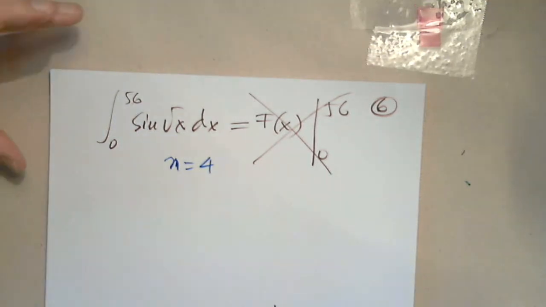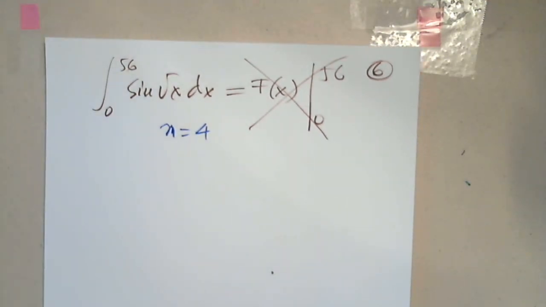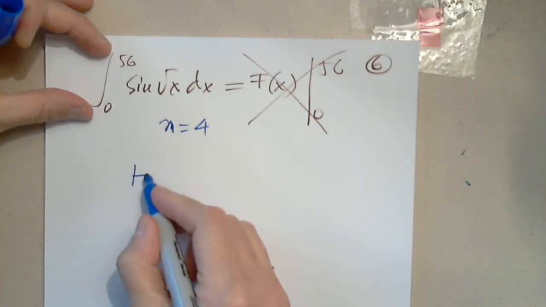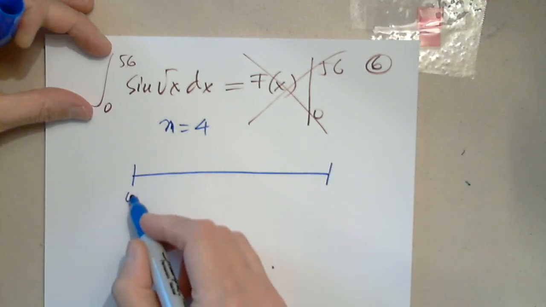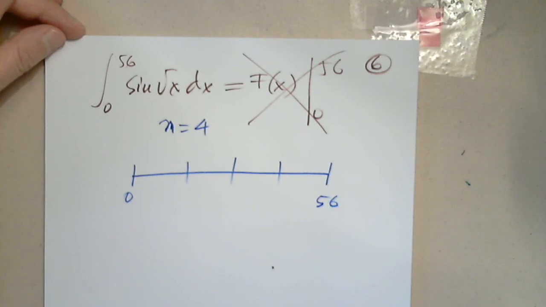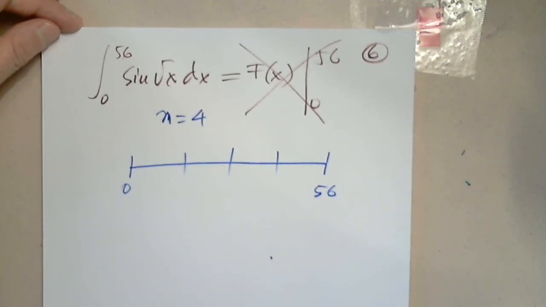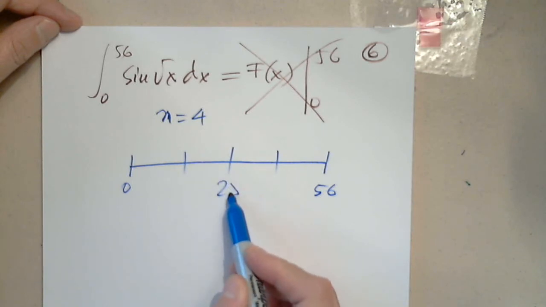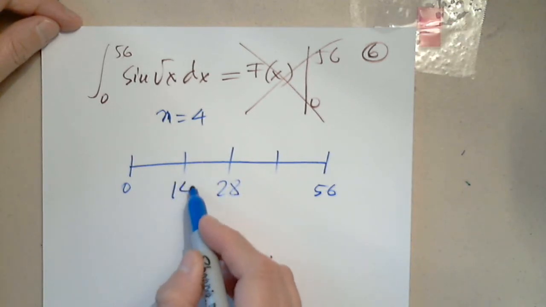Okay, very good. So we had a similar example sometime last week, I think it was. So first of all, I have to take the interval from 0 to 56 and divide it into 4 equal subintervals. So 56 divided by 2 is 28. 28 divided by 2 is 14.